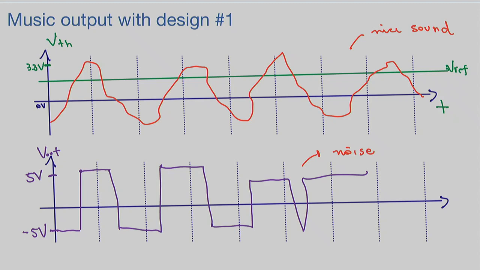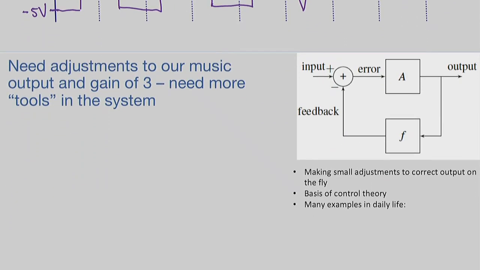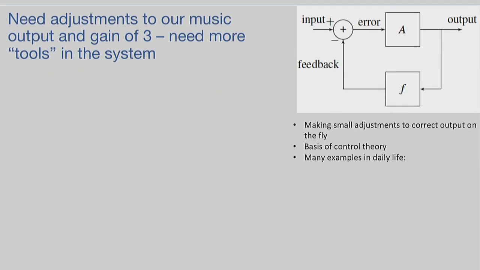We picked a reference, and we could distinguish between signals above and below the reference, but we didn't have something to correct for that distortion. And it turns out that we are going to apply now something that we use a lot in our lives, which is negative feedback.